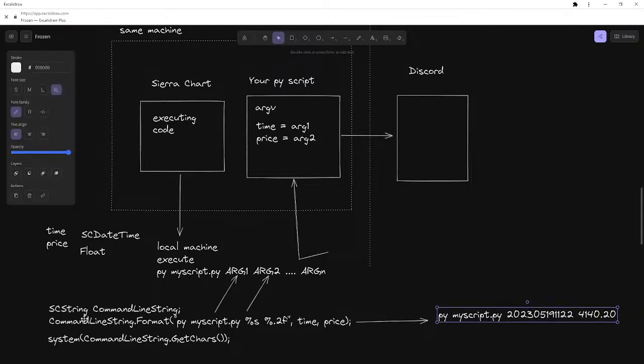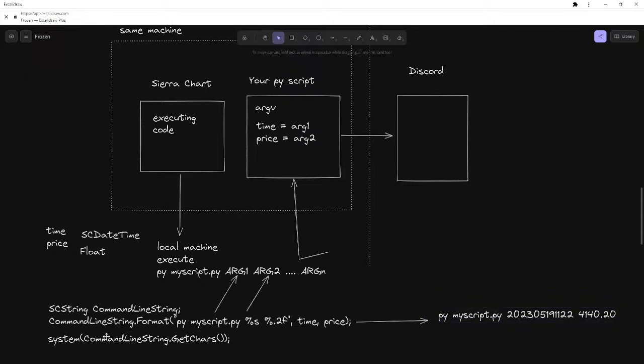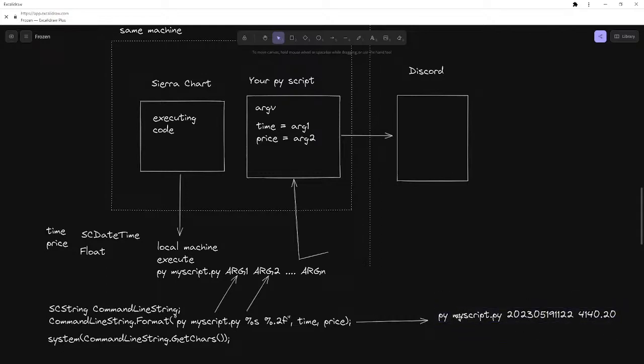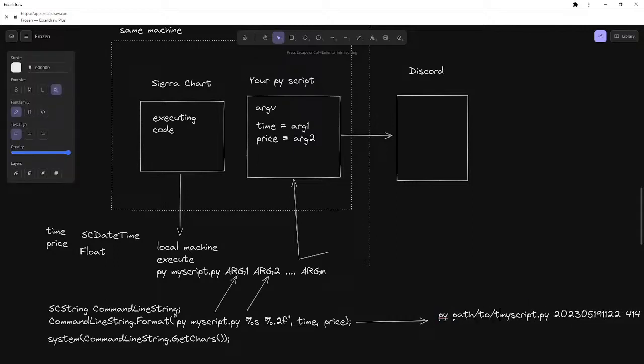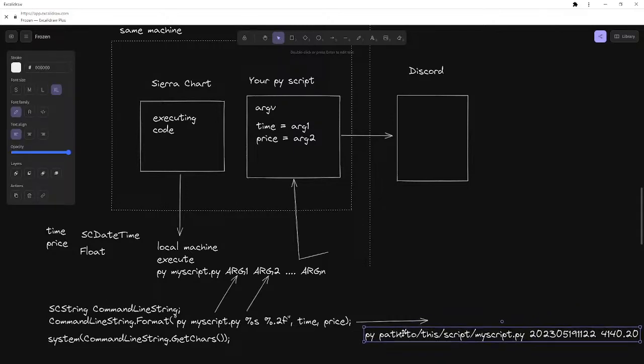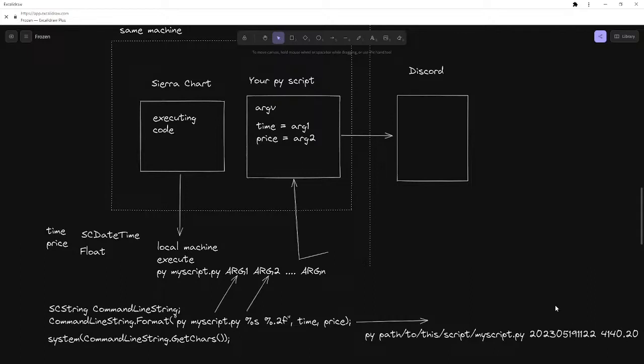This string, after it finishes getting formatted by your command here, will be the equivalent of this, which is what you're going to pass in right here to the system call in ACSIL. So by doing that, you're going to say, hey, underlying system, execute python myscript.py. If this is in some other directory, you're going to need to point to it, right? So path to this script / my script, right? That's logical. And then arg1 is there, arg2 is there.